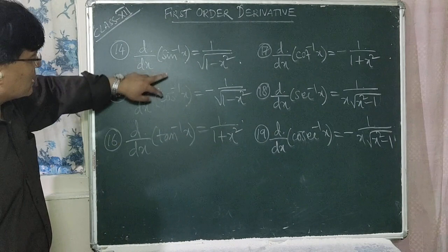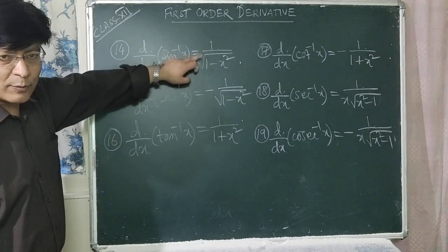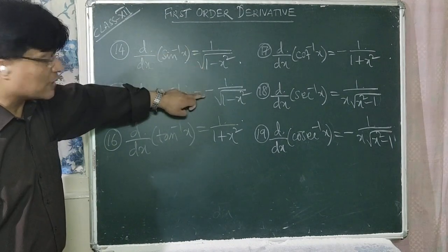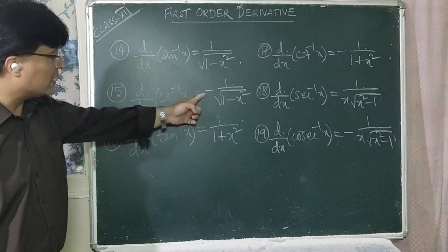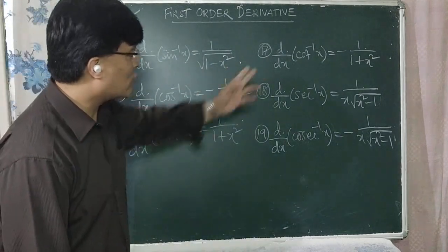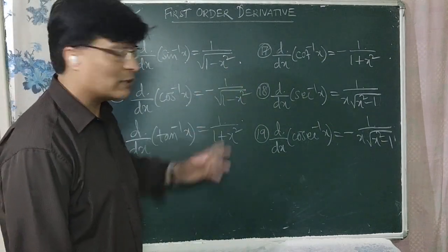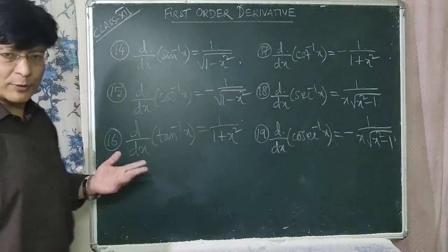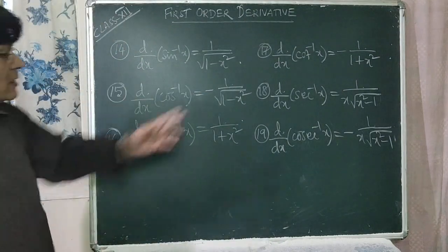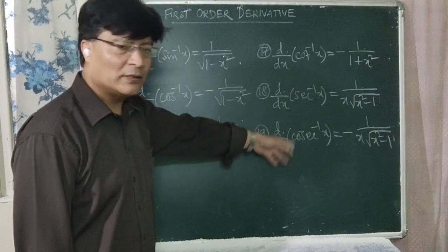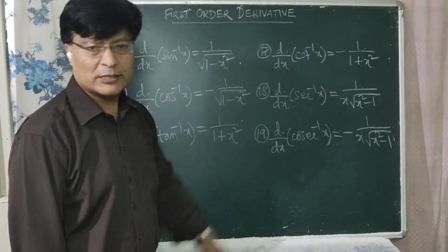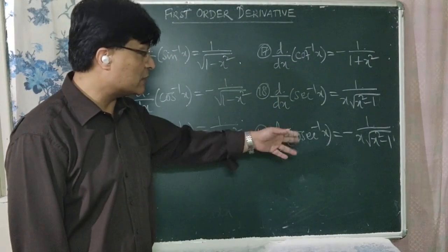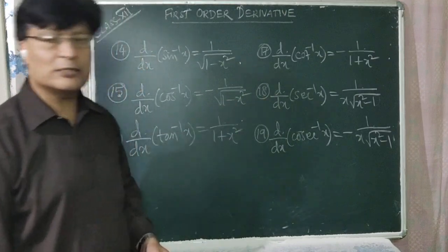Now for sin inverse x and cos inverse x, formulas are similar, but they are of opposite sign. If it starts from c, negative. Tan inverse x and cot inverse x differentiations are similar, but they are also opposite sign. If it starts from c, it is negative, and these are also of opposite sign. For cosec inverse x, it is negative. For sec inverse x, it is positive.